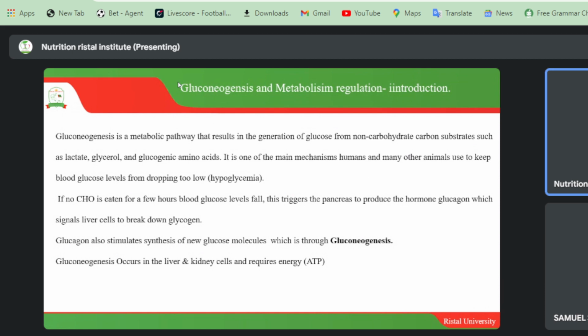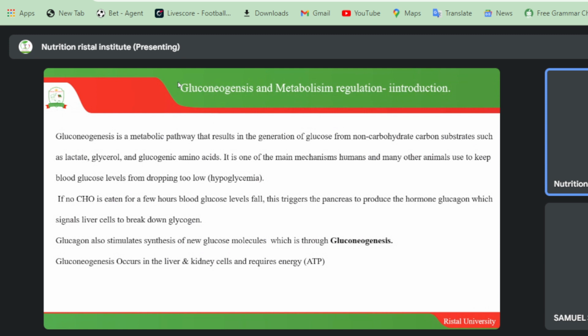But then what happens when you still continue fasting, starving, or something of that kind, and you haven't taken in any source of energy? These glycogen stores can get depleted, and glucagon presence in your body would also result in stimulation of this process called gluconeogenesis.